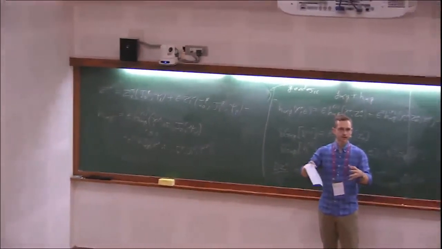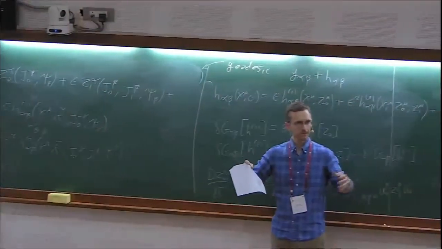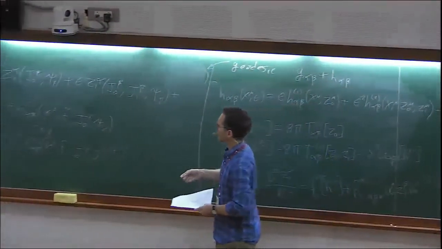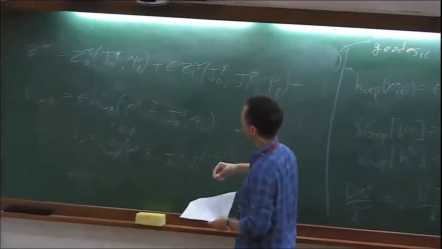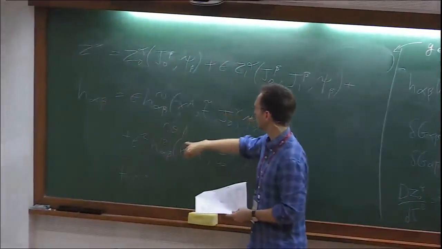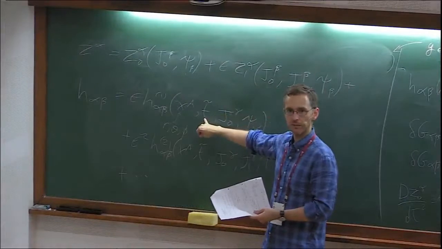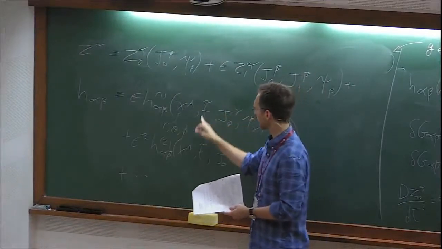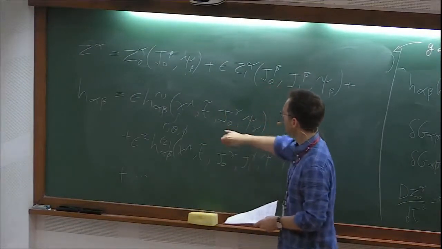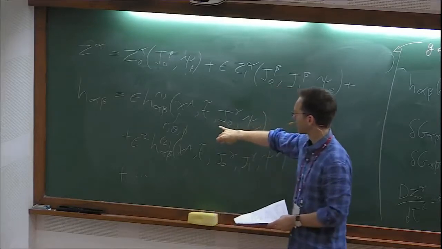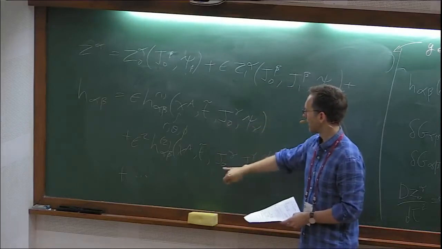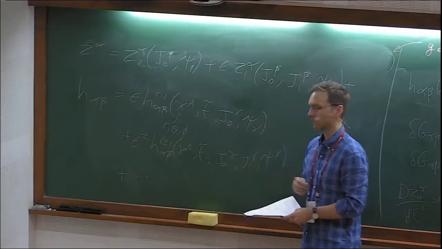So the mass of the big black hole is slowly changing, and that becomes a correction to the metric that appears in H1, and it depends on slow time. So you have some small amount of slow time dependence that isn't just coming from the evolution of the orbital parameters.